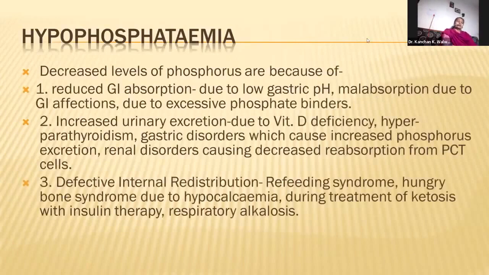Next, let us come to the causes of hypophosphatemia. Hypophosphatemia may be because of reduced gastrointestinal absorption. The owner may be feeding a good amount of food to the animal, but because of reduced absorption from the gastrointestinal tract, and especially the phosphorus is absorbed from the duodenum, the small intestine, any damage in the small intestine, or excessive acidic pH, leads to malabsorption from the GI tract.